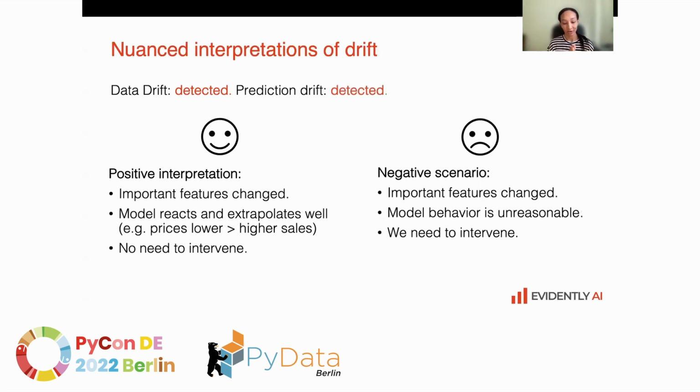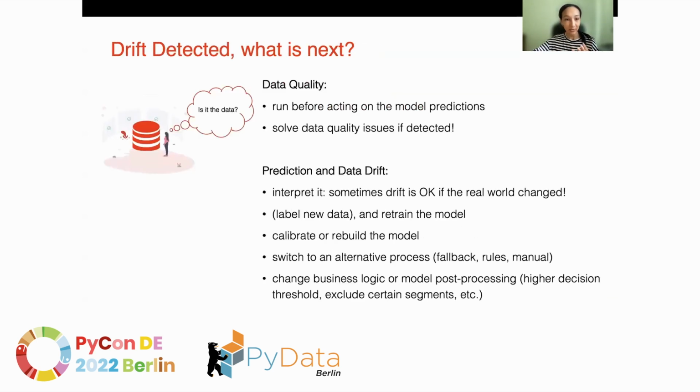So probably the model extrapolates pretty well and there is no need to intervene, the model can survive that. But the negative scenario is that our important features changed and the model behavior has changed unreasonably. In this case, it makes sense to intervene and maybe even stop the model for further analysis.